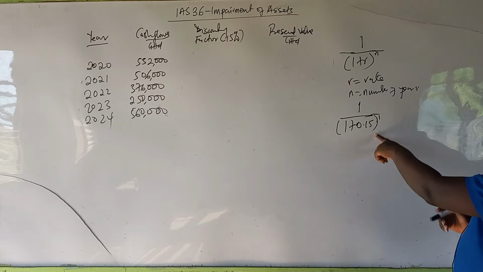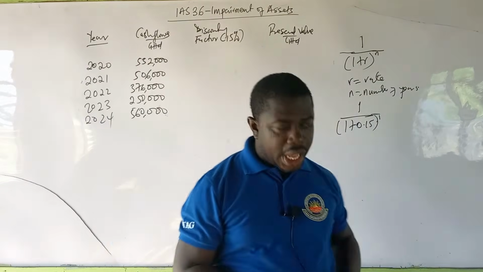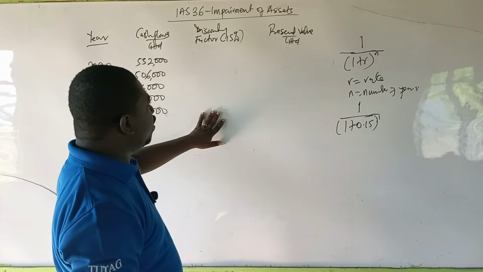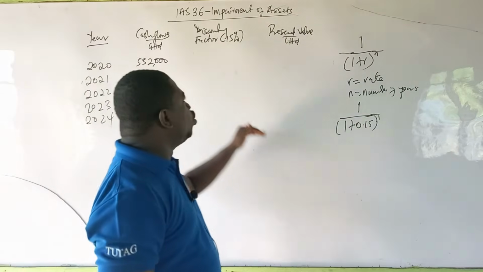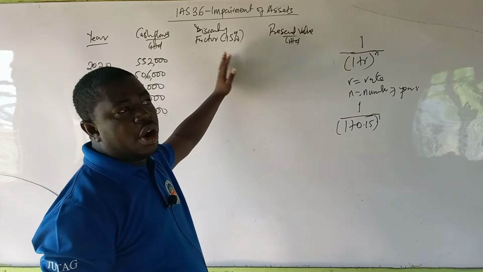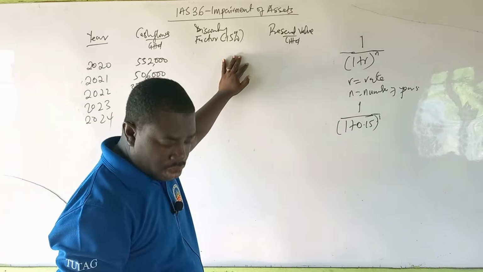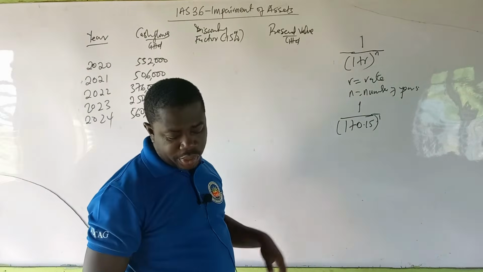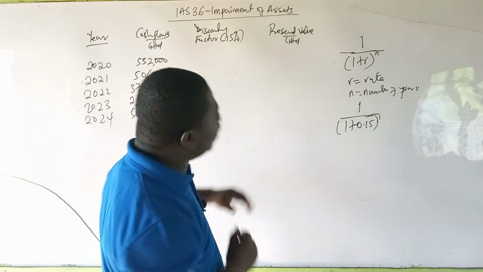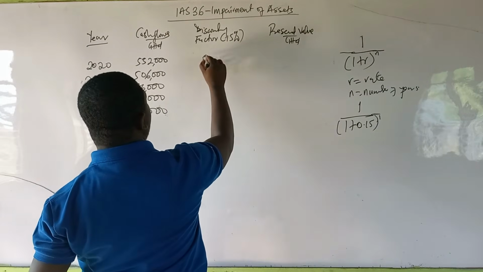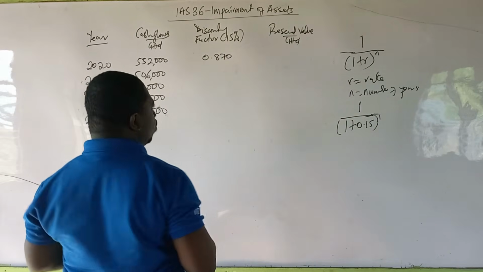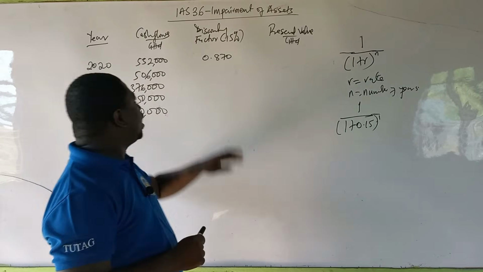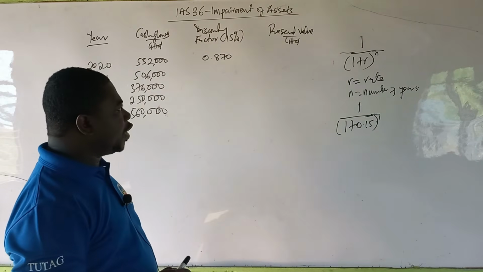So when you punch this on your calculator, it will give you a value, and then usually when we are discounting, the value you have will be in decimals. So you limit them to 3 decimal or 3 significant figures. Okay, so the first one is going to give us 0.870. You can try that with your calculator. This is how it's going to give us for the first year.